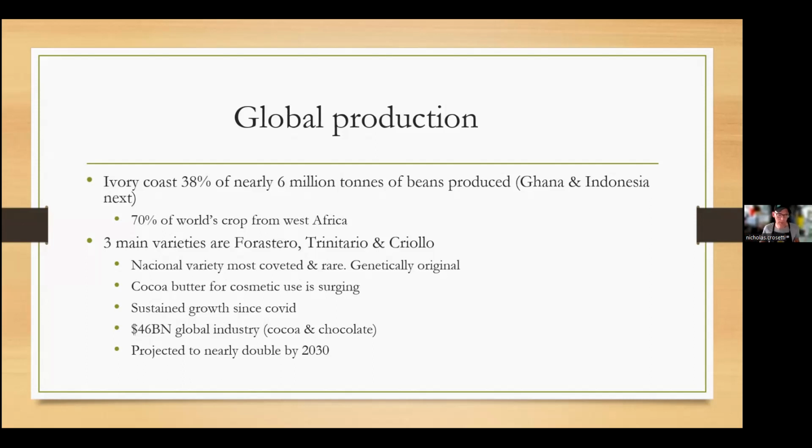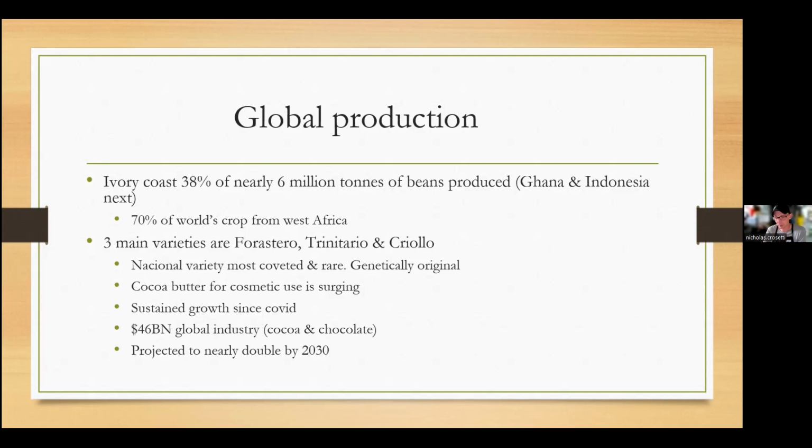Recently there was something identified or cultivated a little more widely called the Nacional variety. And this is coming from Ecuador and identified as the most genetically original or wild type of cacao. Excuse me. Definitely the most coveted and rare of commercially used cacao varieties.